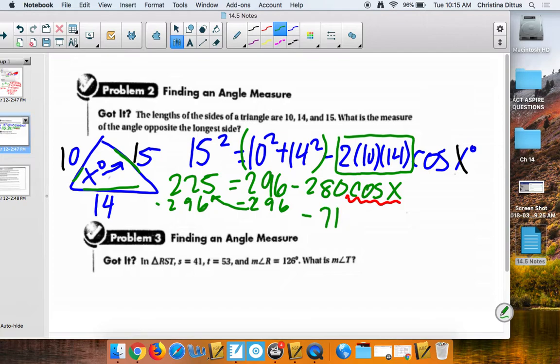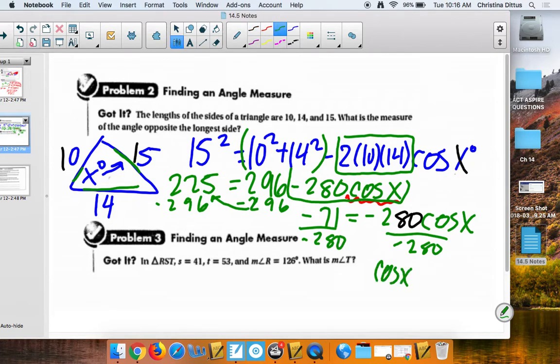And I still have all this left, so negative 280 cosine x. How do I get the cosine x by itself? Divide by negative 280. Good. Both sides divide by negative 280.